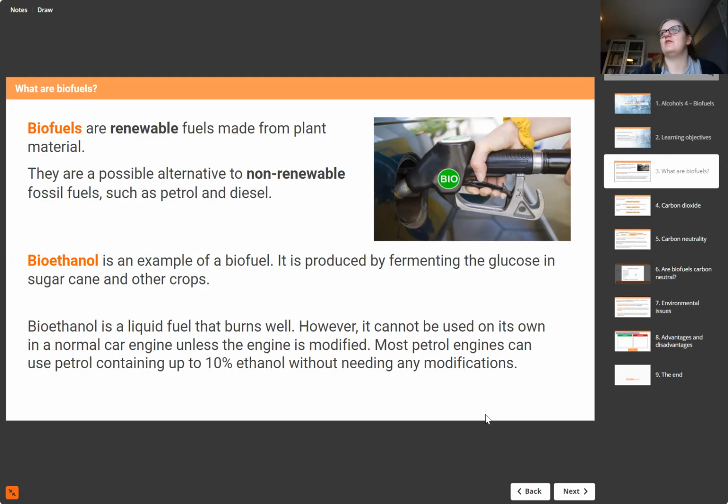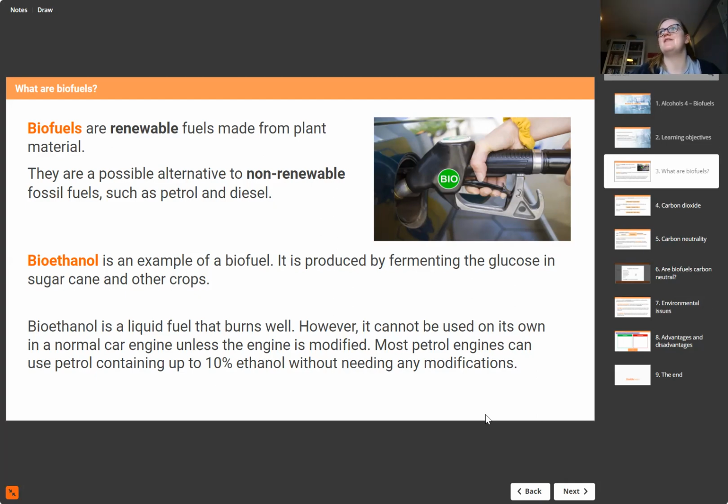Loads of people freaked out a bit when they brought in this new fuel, and lots of petrol stations are using it already. I think it's called E95, or something like that anyway. Loads of people were like, oh no, I don't know if my car can use it. And the vast majority of cars can use it. Basically it's petrol mixed with bioethanol. So it's better than just using pure petrol because 10% of it is bioethanol, so it's renewable.